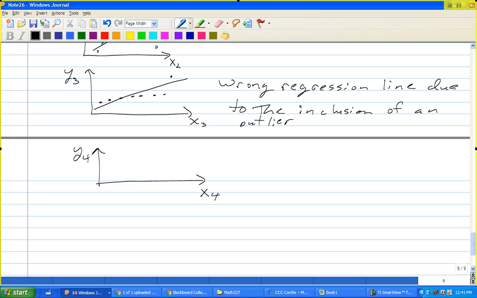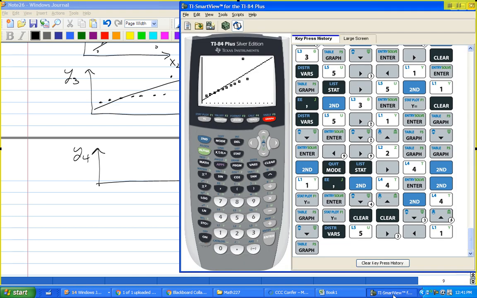And now let's look at x4, y4. Okay, so that's 5 and 6.